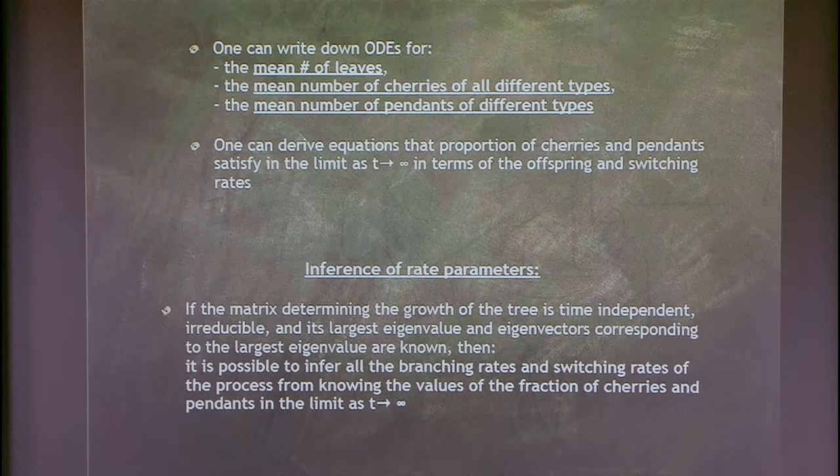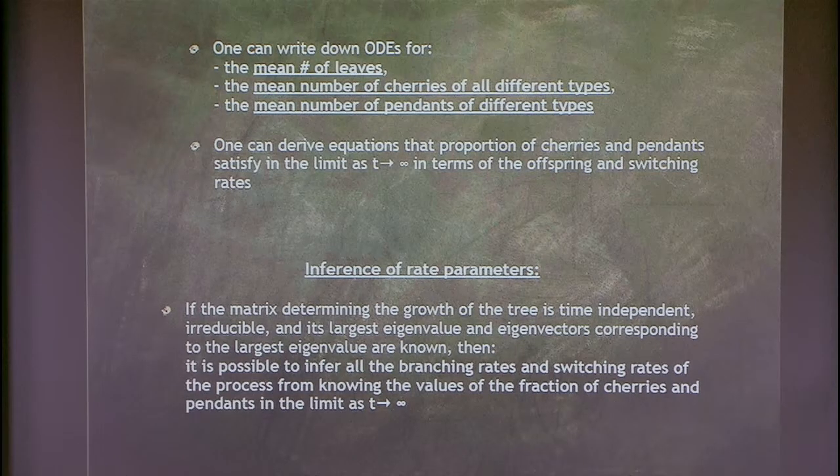At a fixed time, that's a little tricky. If you assume time is very large, so you've taken a limit as t goes to infinity, you're in some kind of stationarity, then you can revert the set of equations back, so that based on knowing the proportion of the different types of cherries and the proportion of the different types of pendants, you can recover the rates of the multi-type tree.